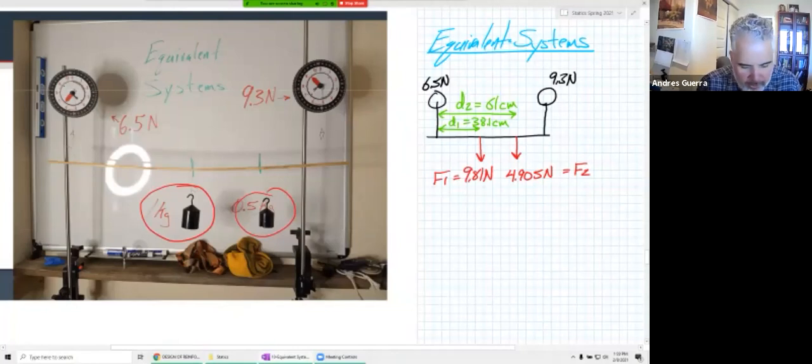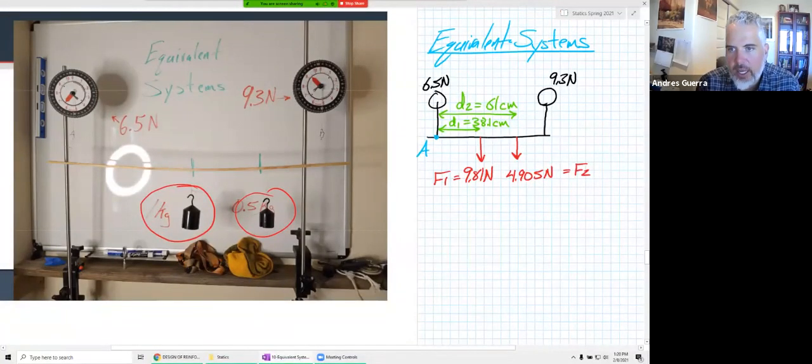And so let's label a couple of points on here. Why don't we call this point over here point A, and then we'll call this point over here point B. And the other piece of information that we have is that the distance from A to B is a total of 76.2 centimeters.